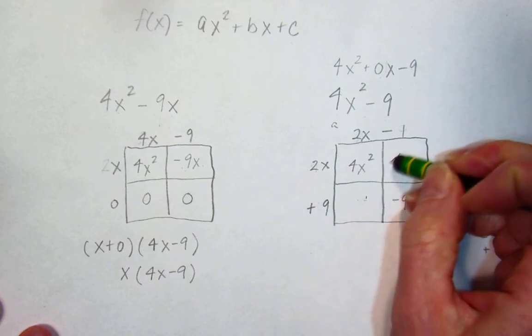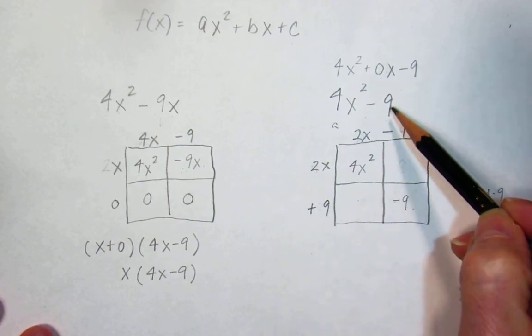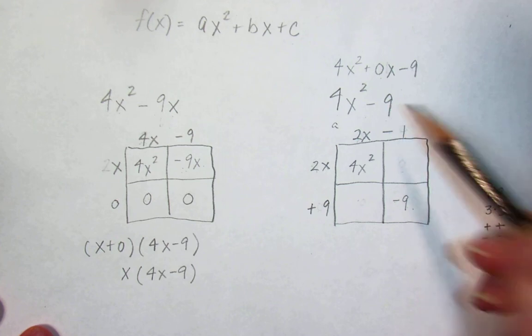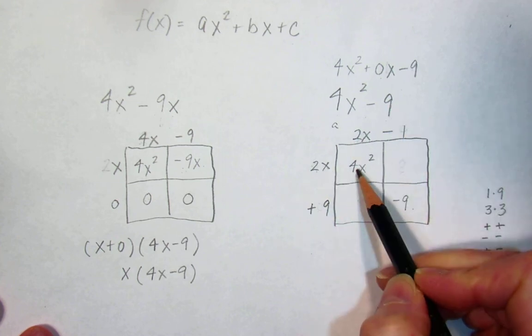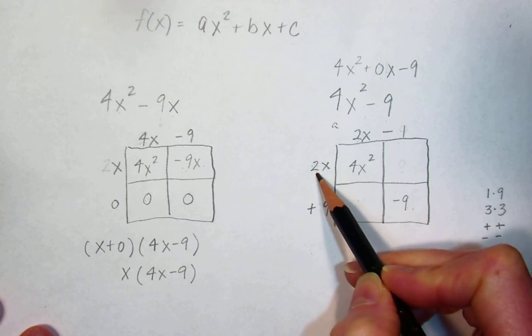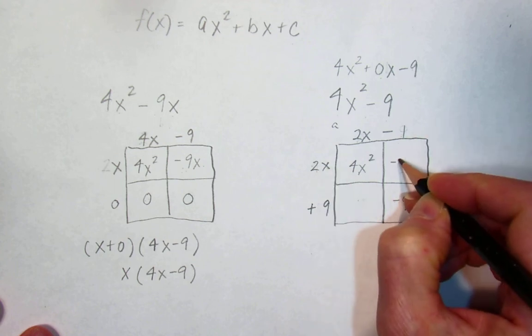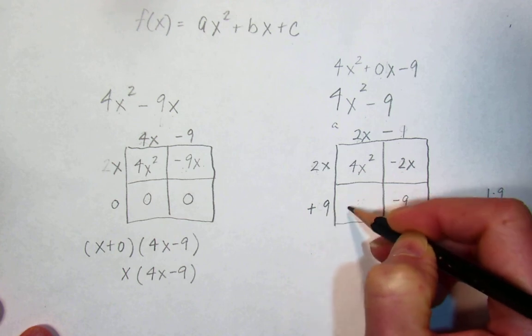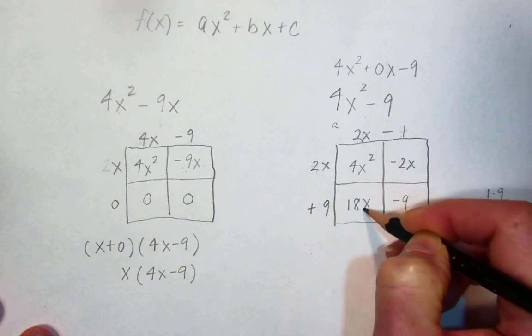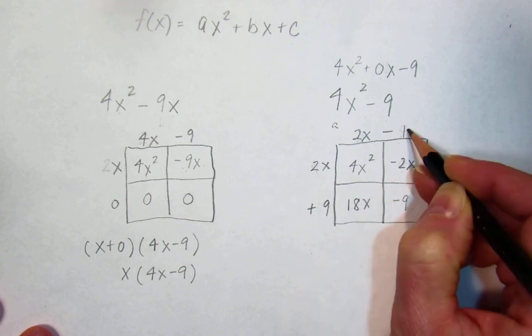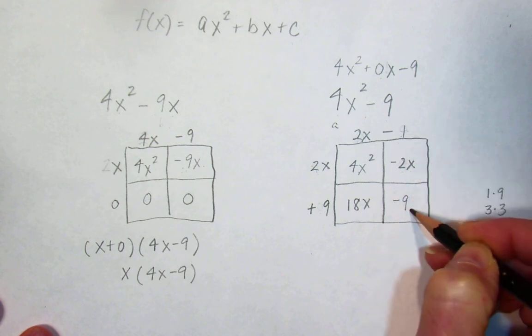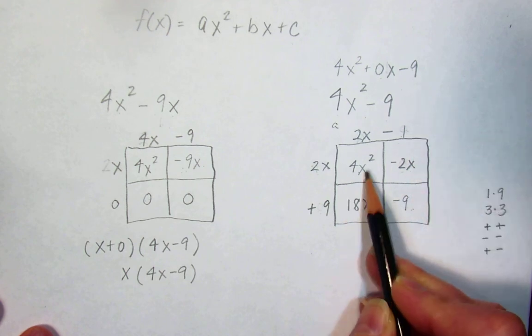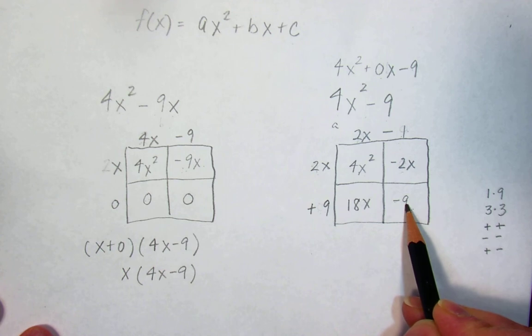Does what's inside this area model then make an equivalence to this? 2x times 2x is 4x squared. 2x times negative 1 is negative 2x. 2x times 9 is 18x. And positive 9 times negative 1 is negative 9. So I've got the 4x squared. Yep. I've got the negative 9.